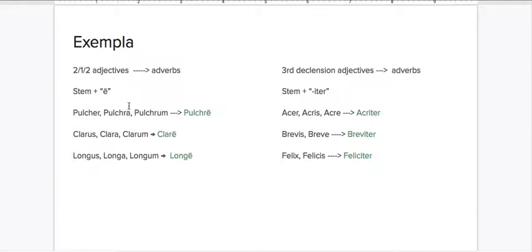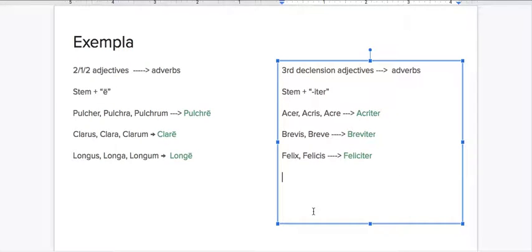All right? So that's the rule. When we see any 2-1-2 adjective, go to the stem and add an e to make it an adverb. And if we see any third declension adjective, we make it an adverb by adding iter. This is actually a lot like English. Think of it: we have beautiful in English, that's the adjective, a beautiful tree. And if I want to make it an adverb, I just add on an ending.